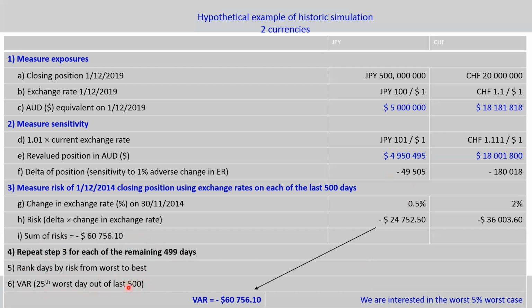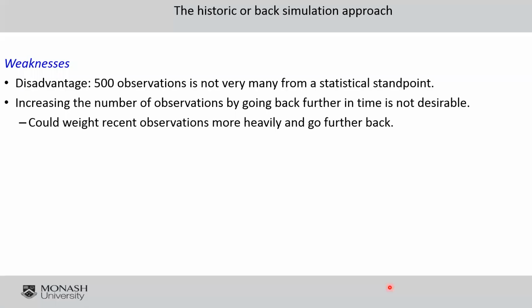You don't have to worry about it, but this is how we calculate the VAR, and this is how the historic, what we call back simulation, works. It's just the assumption of the delta, and then you calculate the change, transfer the change to dollars, sort them, and take the worst 25 days. This is the back simulation.